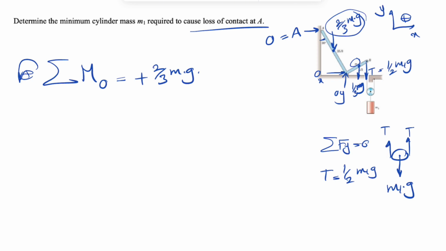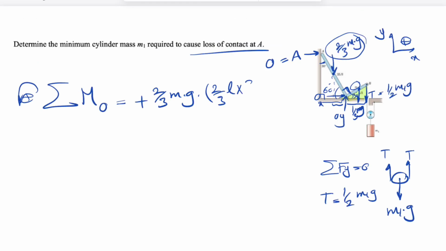We know this angle is 30 degrees, and this side would be 2/3 of L times sine of 30. And because we know that the center of beam AO would be exactly at the center, we're going to have half of that distance. So 2/3 of L sine of 30 degrees, and we're going to divide it by 2 since we need the little distance in here.